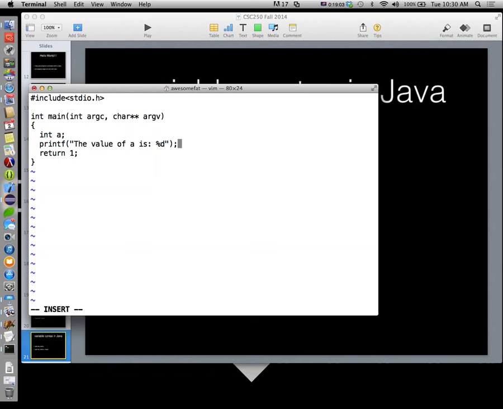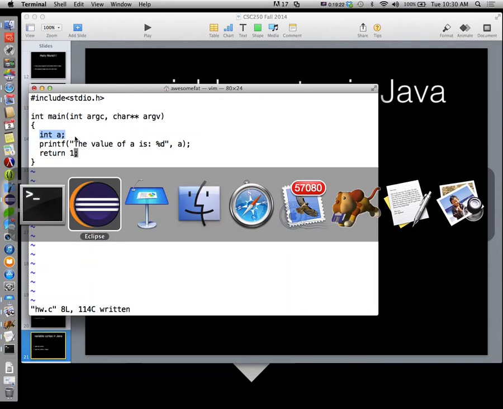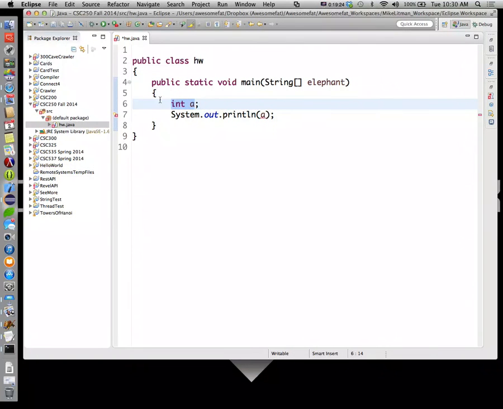Don't worry about the %d thing there, it's a magic trick. All right, so we're going to define a variable named a here, and notice that a language like C from the early 70s uses the exact same way to define a variable as Java, which is much, much, much newer.